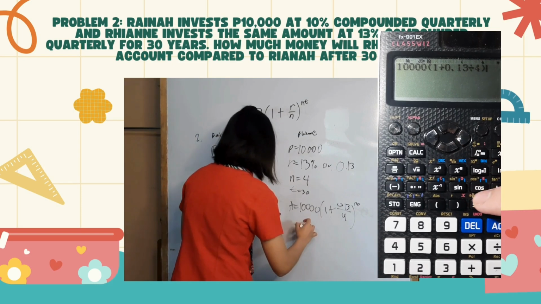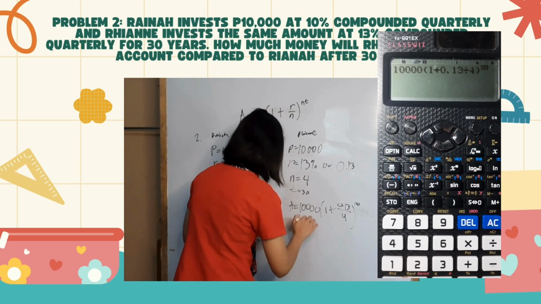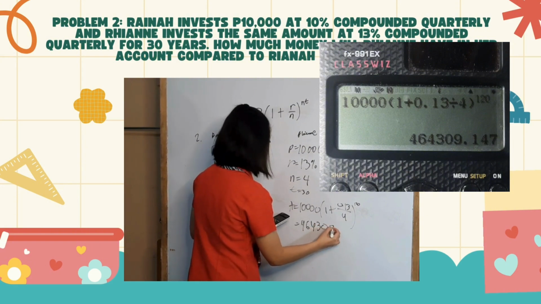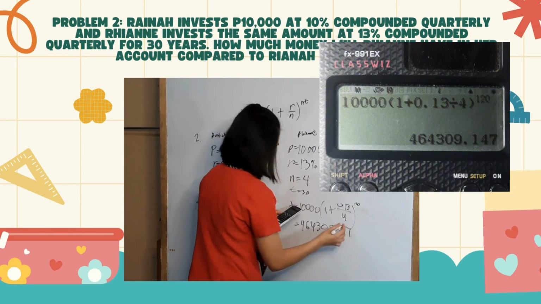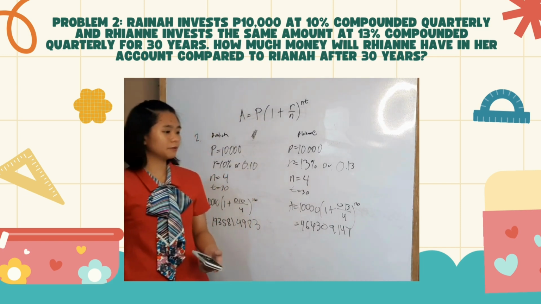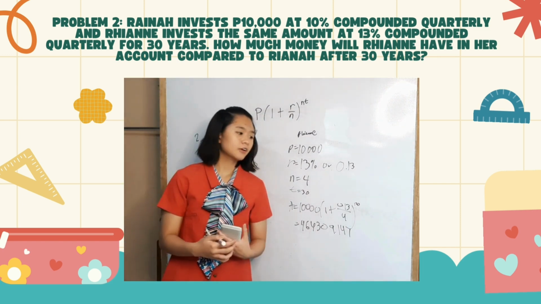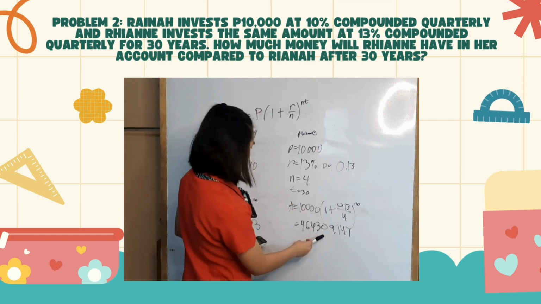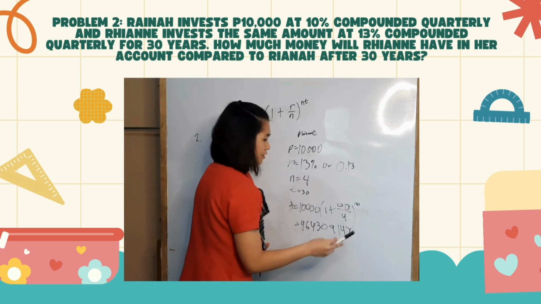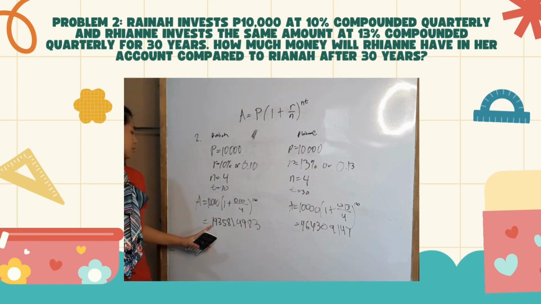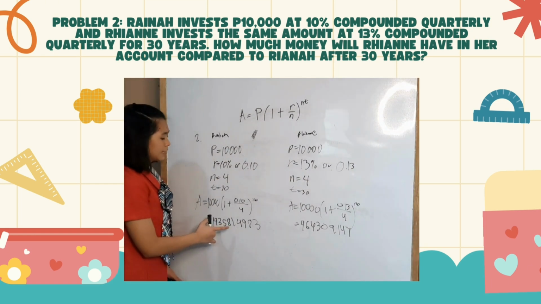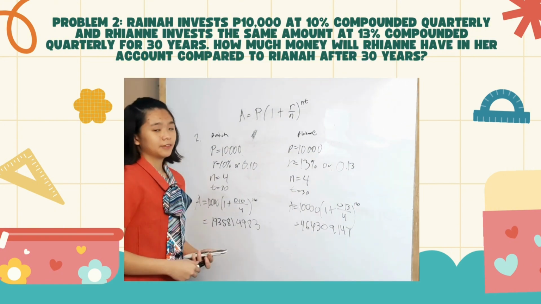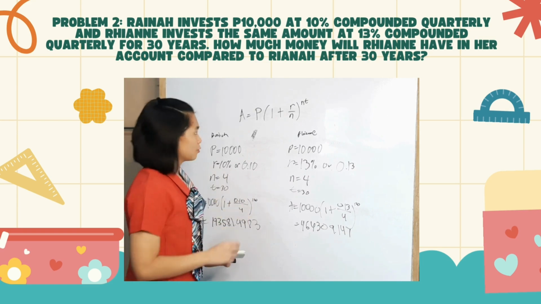So Rian will have 464,309.147 compared to Rainah, who only has 193,581.4983 after 30 years. Did you get that, class? Now to the next question.